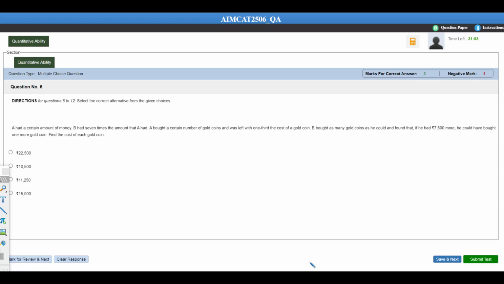Then question number 6. A had a certain amount of money, B had 7 times what A had. A bought a certain number of gold coins and was left with 1/3 the cost of a gold coin. B bought as many gold coins as he could and found that if he had 7,500 more, he could have bought one more gold coin. This is an easy but a bit lengthy question, but let's try.